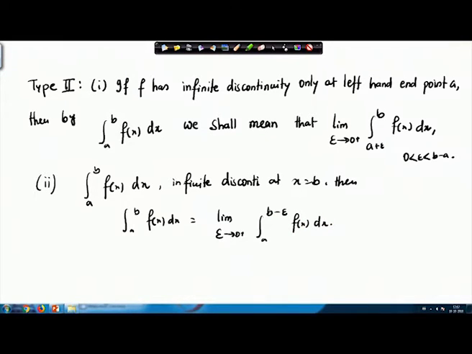Again we cannot go beyond the interval b, so we have to stay inside the interval, otherwise the range of integral would be beyond the interval a to b.